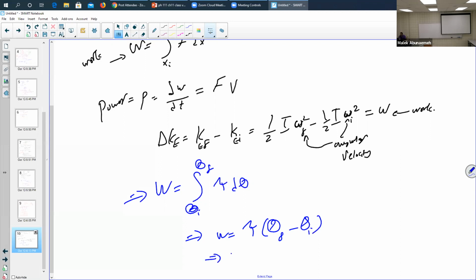That means your power, which is dW over dt, is going to equal your torque multiplied by your angular velocity.